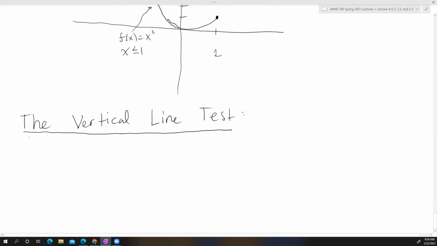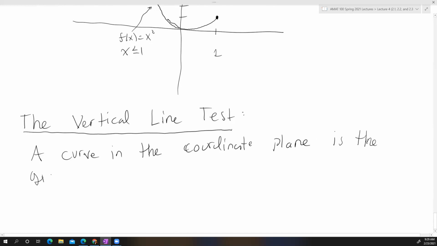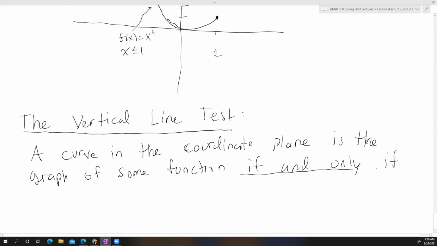So the vertical line test is as follows. It says a curve in the coordinate plane is the graph of some function if and only if, and this is important, if and only if, no vertical line passes through the curve more than once.